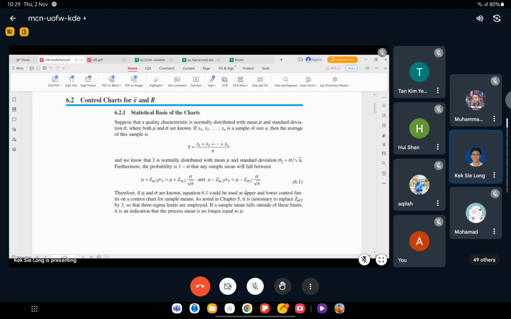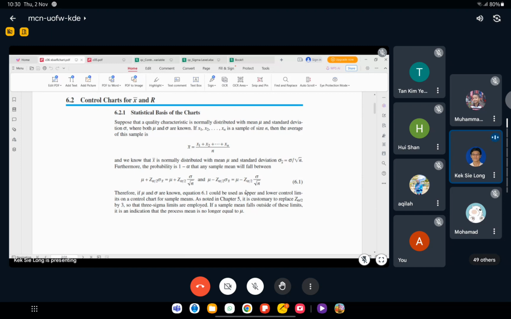In our previous discussion, we mentioned the 2 sigma and 3 sigma levels. These are represented by Z alpha over 2. So starting from today, the control chart we want to plot may not necessarily be at the 3 sigma level.